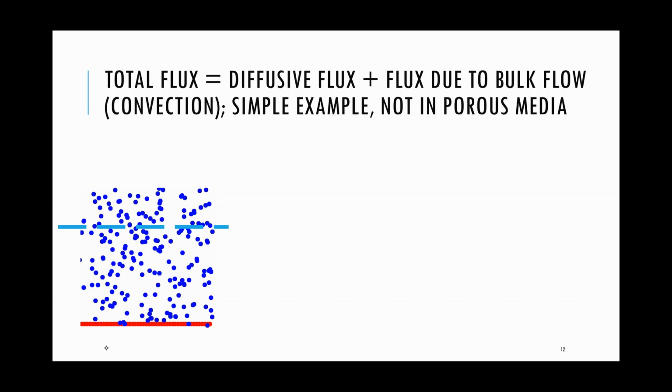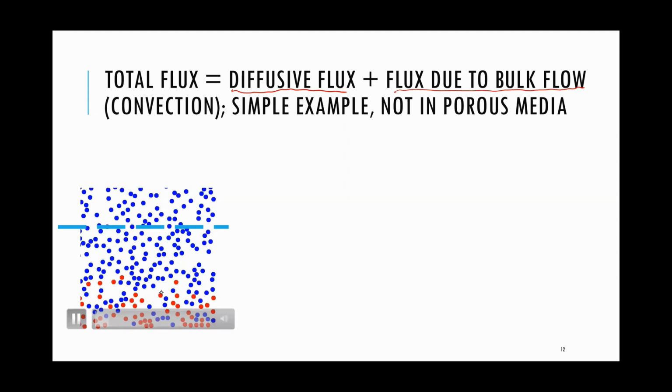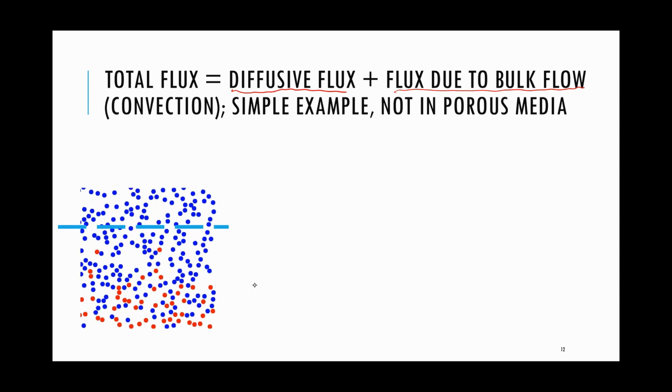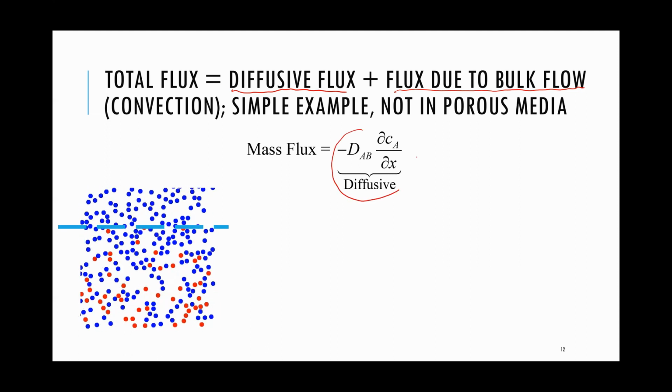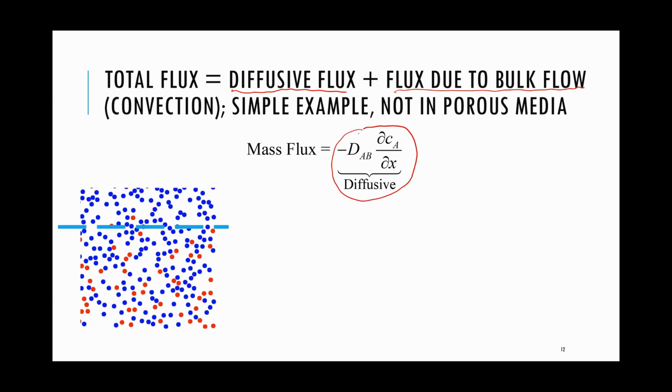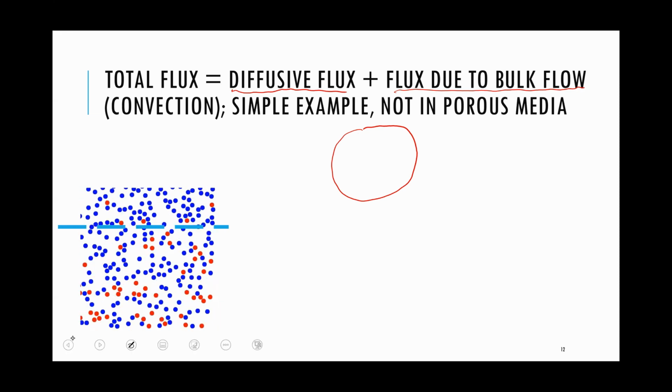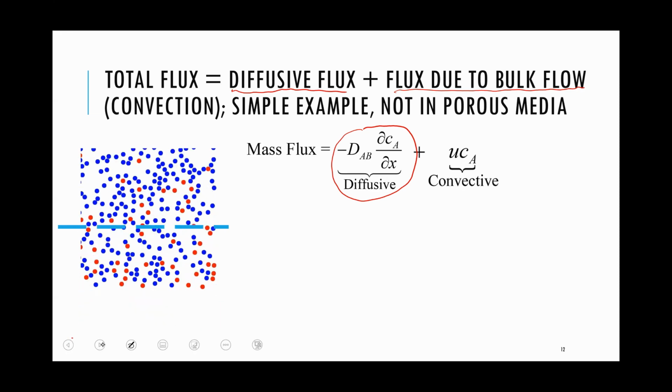Since we divided all the fluxes into two types, diffusive types and the convective types due to flow, the total flux would be diffusive flux plus the flux due to bulk flow. So in this animation here, we have diffusion now, and that would be given by our Fick's law type equation, and then on top of diffusion you can have flow.